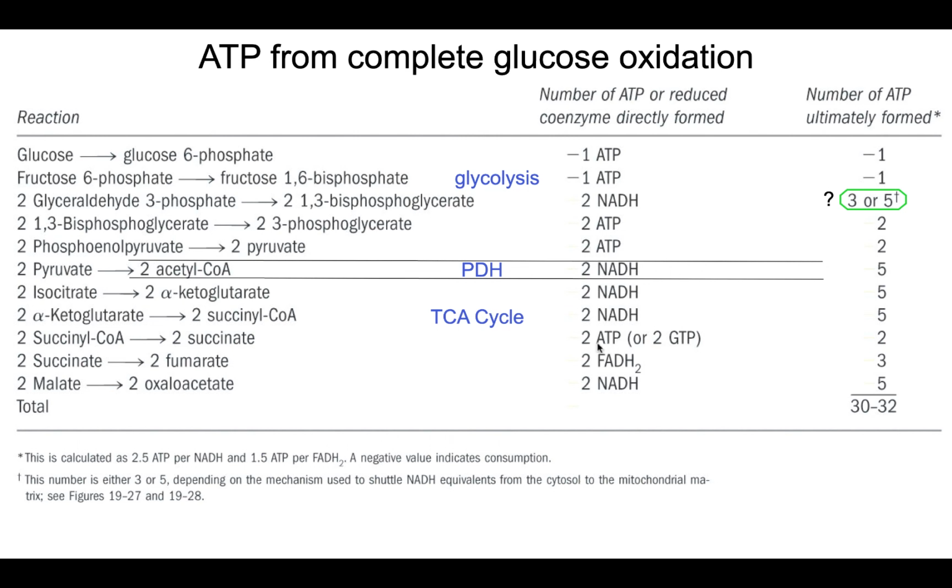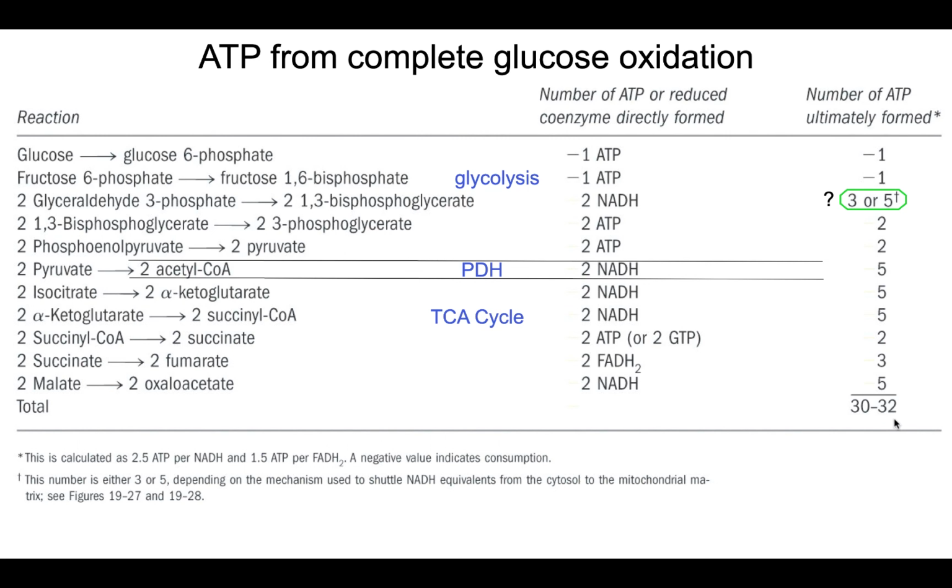We get a couple more ATP here from substrate level phosphorylation that occurs in the citric acid cycle. And then we have all of our NADHs, and we have our 2 FADH2s here too. When you multiply that out by either 2.5 or 1.5 and then add all of that together, we get 30 or 32 molecules of ATP.